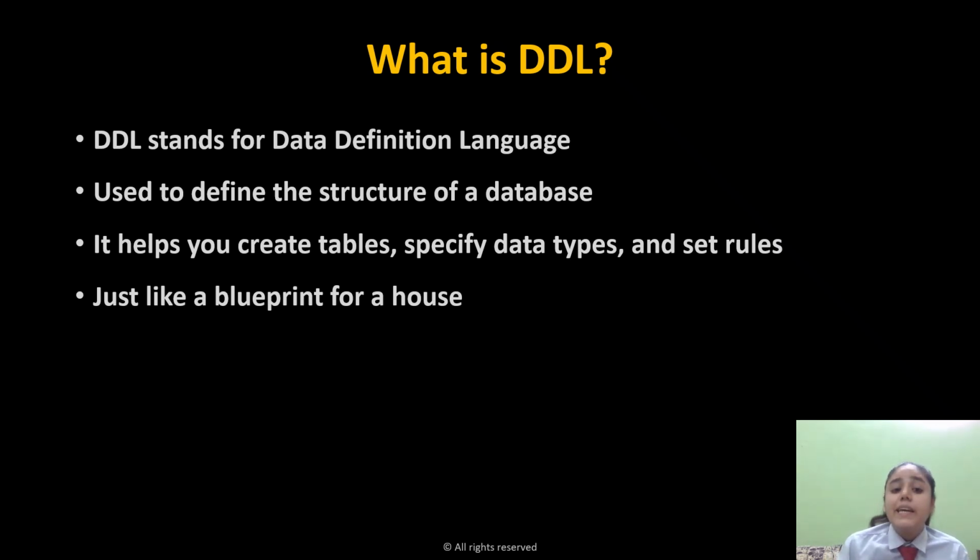It basically creates the table, and it specifies the different types of data, as I already told you, used to create the structure of the database. It defines what type of rules we need to apply on the data. So it behaves like a blueprint.